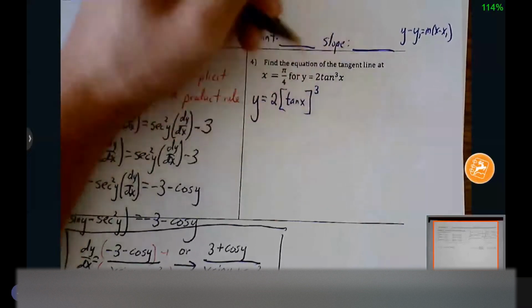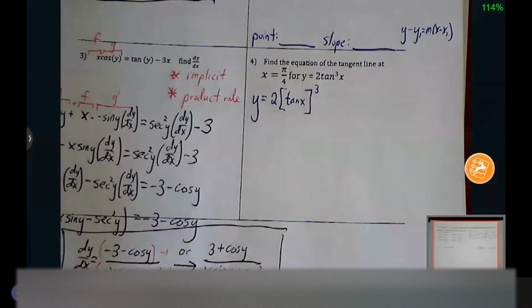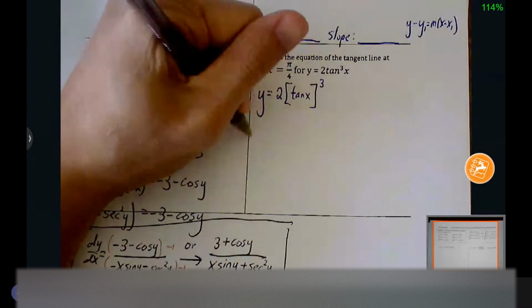Otherwise, it's easy to make a mistake. Right, I'm going to start off by looking for my ordered pair first. So I'm going to just use the power of 4 and see what my y value is.